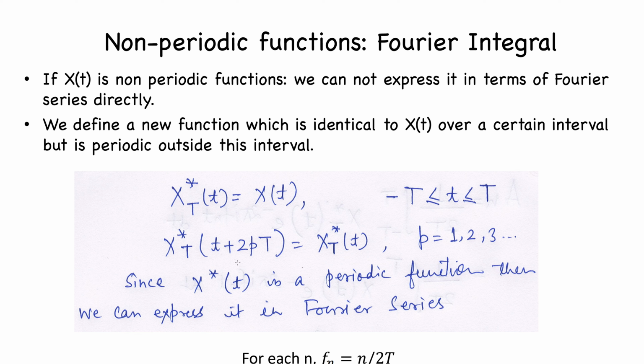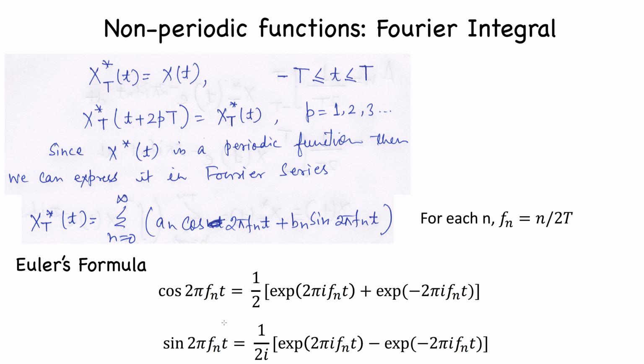Since x star T of t is a periodic function, we can express it in the form of a Fourier series, with the summation from n equal to 0 to infinity of a n cos 2 pi f n t plus b n sin 2 pi f n t. For f n we can write n by 2T.